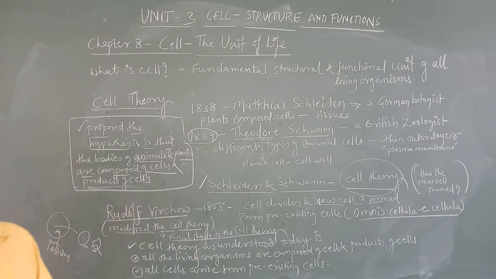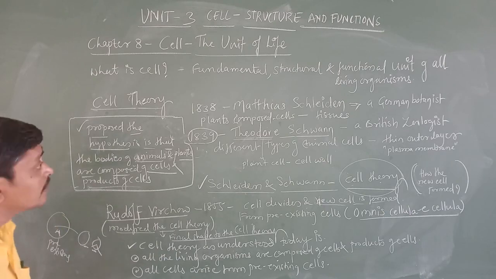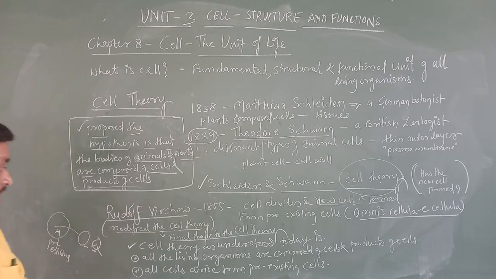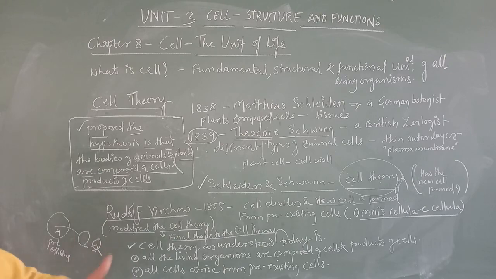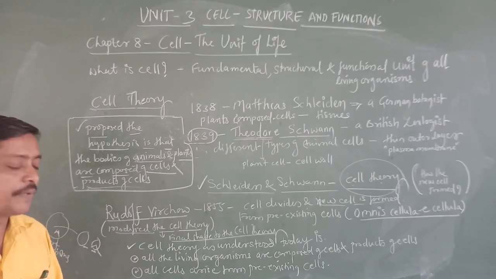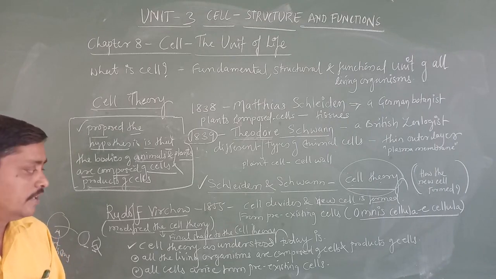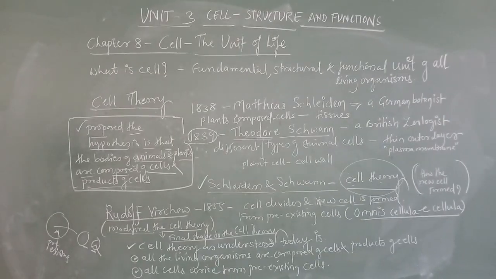In such a way the cell theory was developed, and today we understand the cell theory as: all the living organisms are composed of cells and products of cells, and all the cells arise from pre-existing cells.